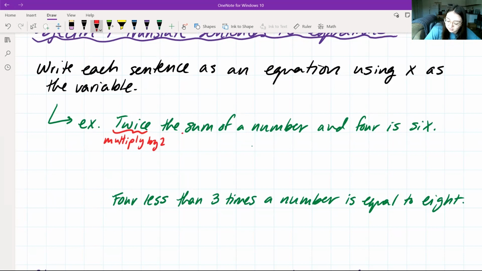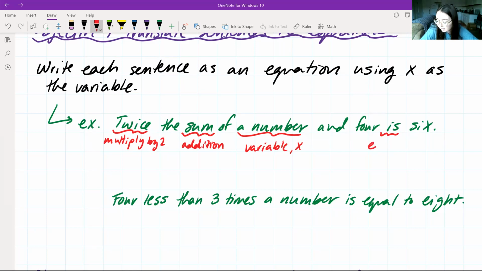Then we have the sum, which indicates addition, of a number, indicating our variable, which is x, and 4, which is a number, is 6. And this is telling us equals.